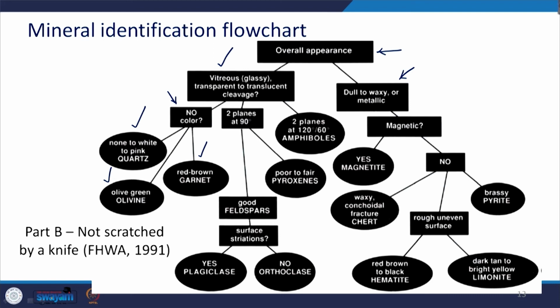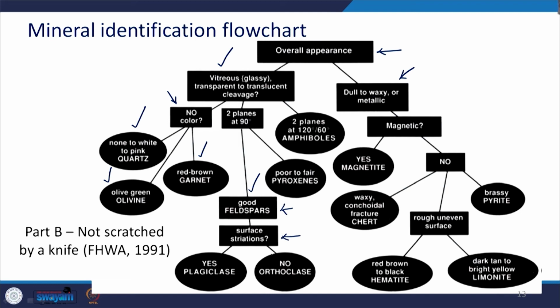In case you have two planes at 90 degrees, and those planes are very well defined, that is good, then you have feldspars, and then we need to check whether there are any surface striations or not.